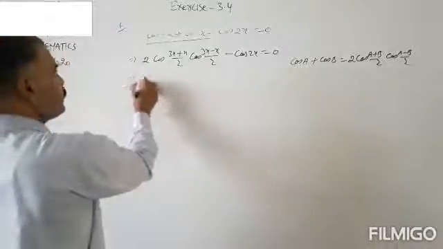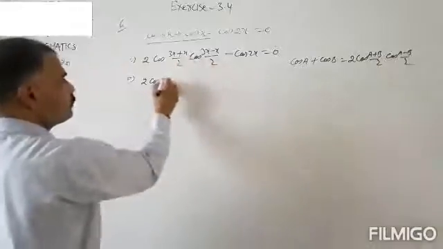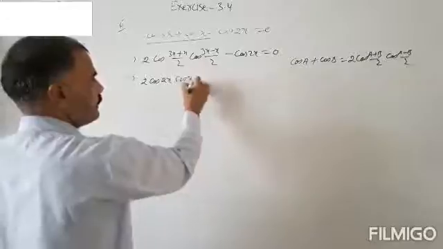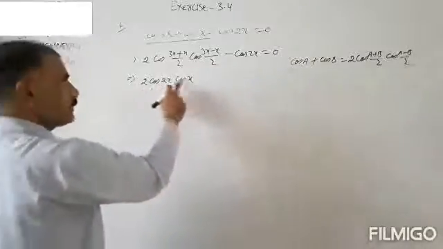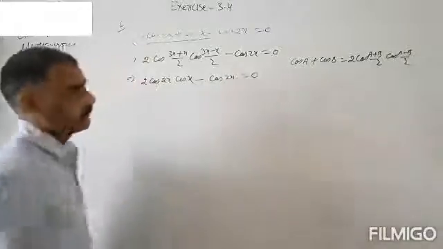So this is 2 cos of 4x by 2, that is 2x, times cos of 2x by 2, that is x. So 2 cos 2x cos x minus cos 2x equals 0.